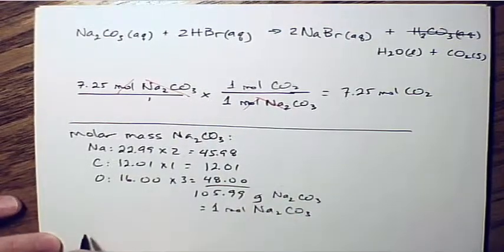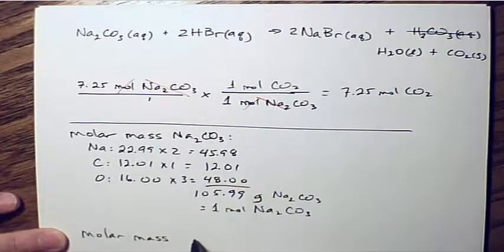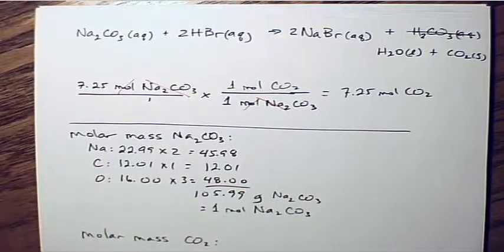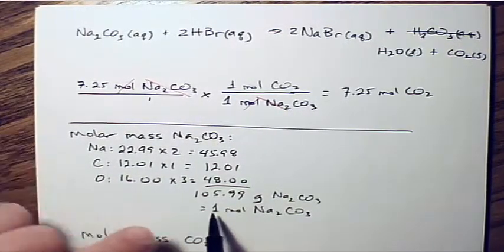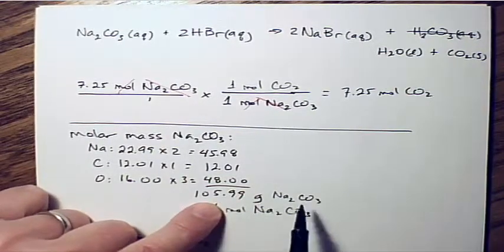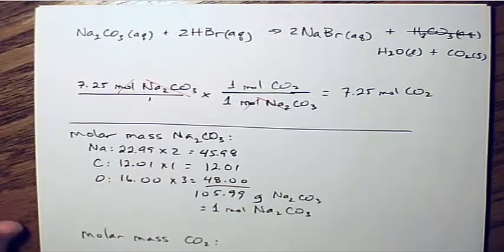So let's calculate the molar mass of carbon dioxide now. You'll see what I'm doing, adding up the atomic masses. So I've got what I call an equality statement here, where I say the molar mass of this species is equal to a mole of that species.